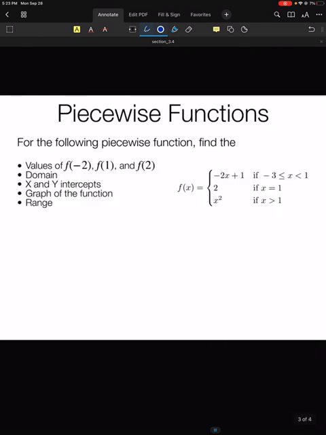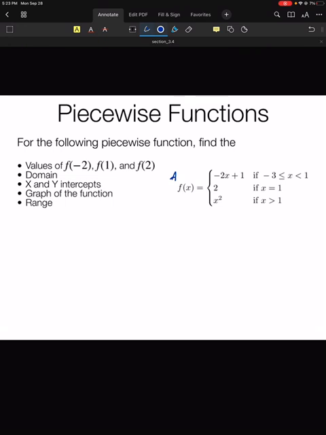So for the following piecewise function, which you'll find over here, I want to find some values of the function. Then find the domain, then I want to find the x and y intercepts. Then I want to graph the function, and then I want to find the range of the function, which I can do by using the graph of the function.